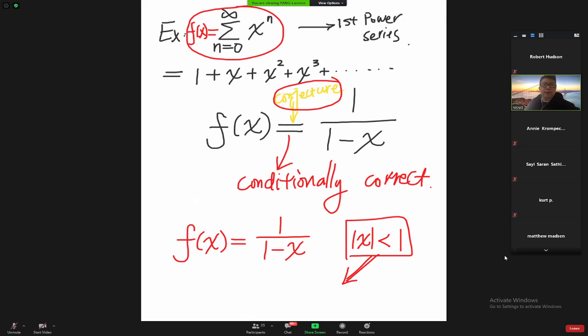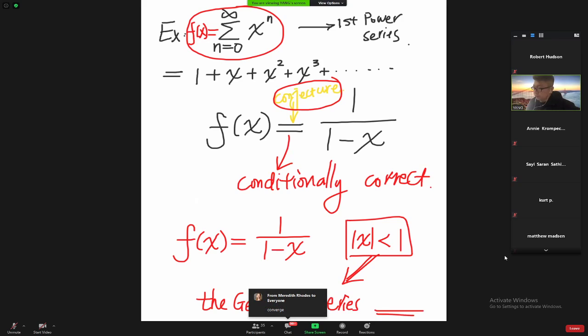Because only when x is less than 1, the geometric series converges, right? So only when x is less than 1 does the geometric series converge.